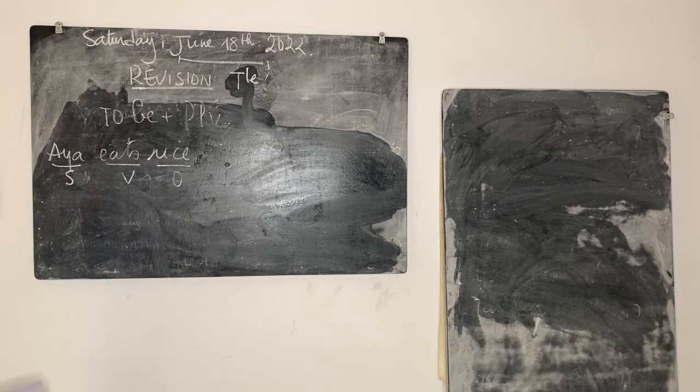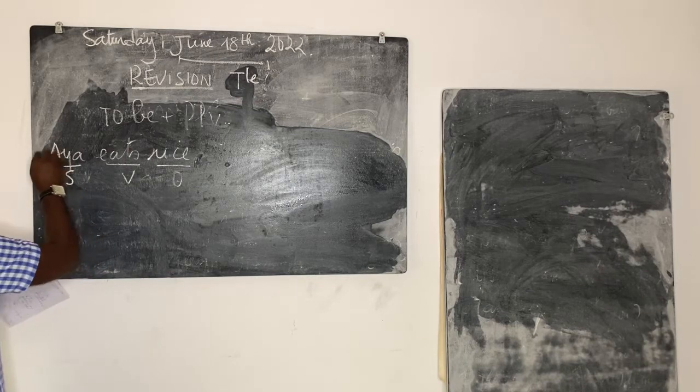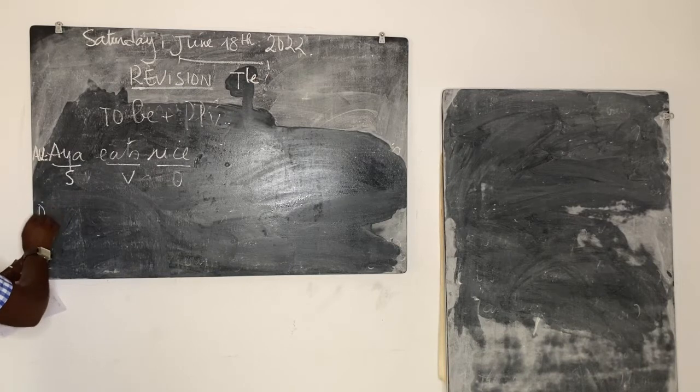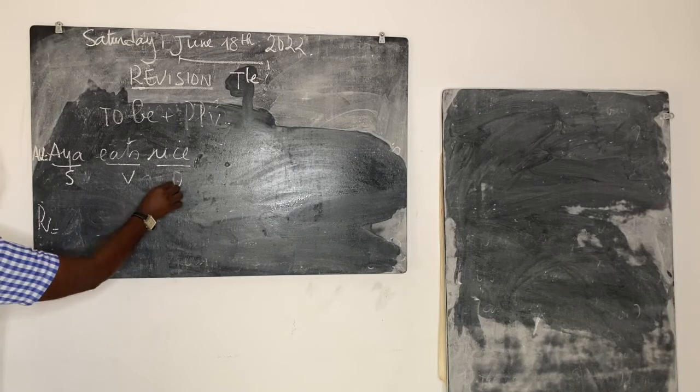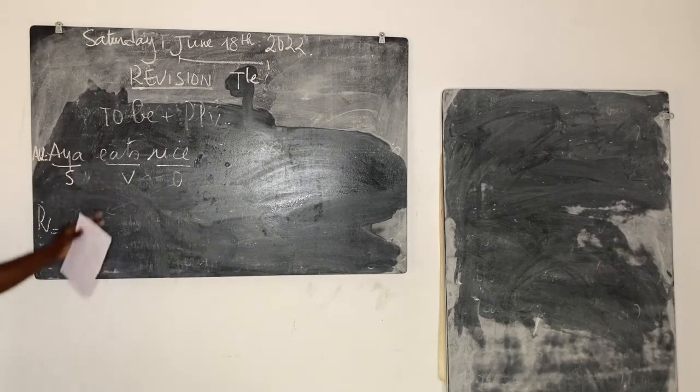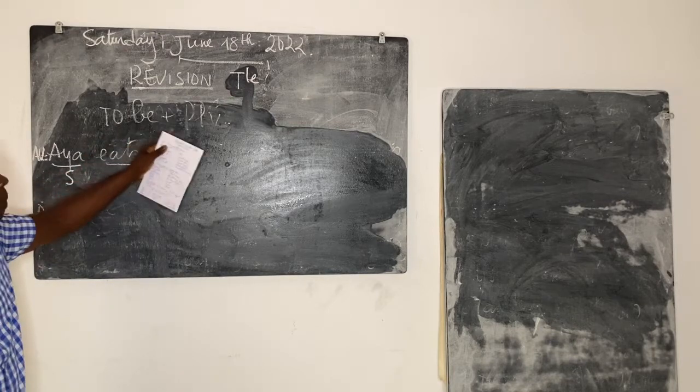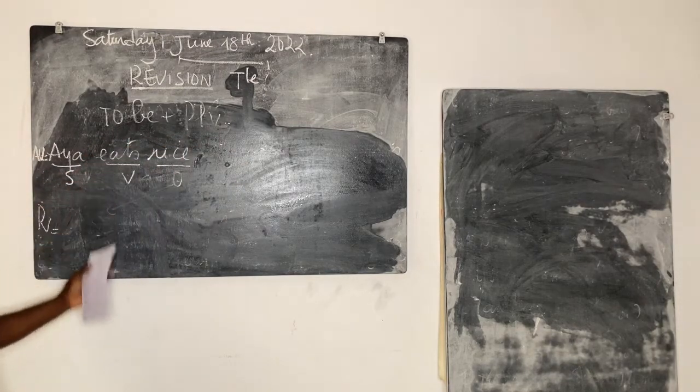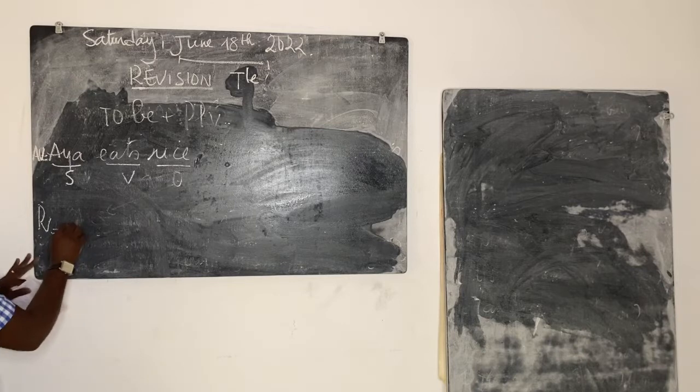This is what we call active voice. And in PV, the passive voice, the object becomes the subject, and the subject becomes the object, and we use the verb to be plus the past participle of the verb. It's going to be rice.